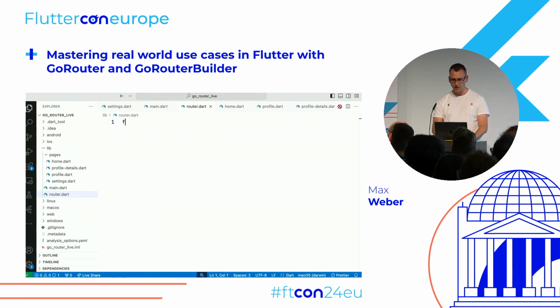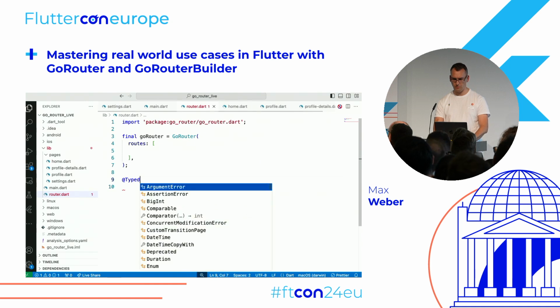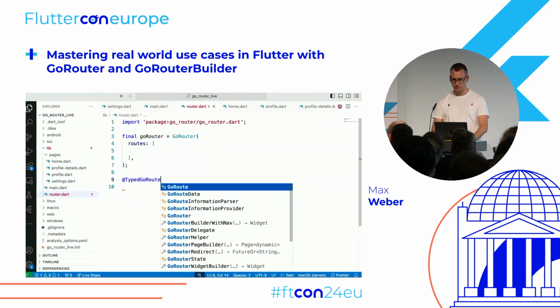So now router. We create just our settings, and I would like to have a GoRouter object, which we have to import. And inside of here, we have our routes. And I said already, we would like to have these routes with our annotation. So for that, let's import that first, type GoRoute.